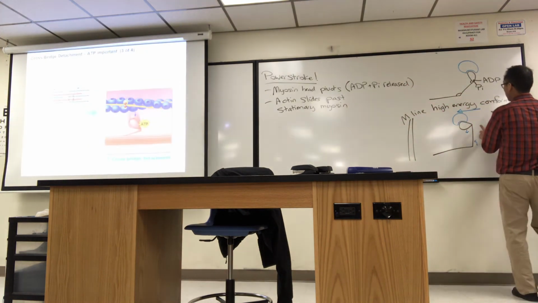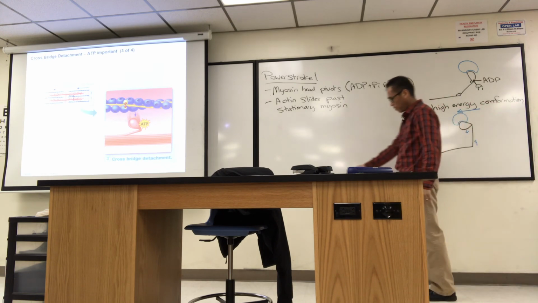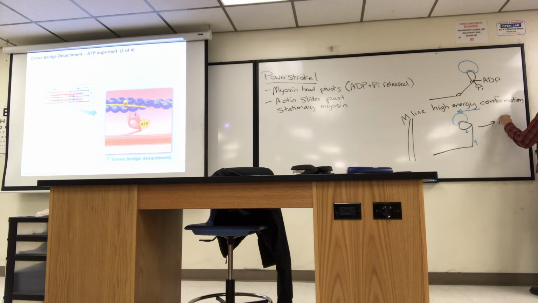Because on the previous step, you let those guys go. So let me put that as the last note here before I move on. ADP and Pi, they're gone. You've released them, so you need ATP again to start things over.